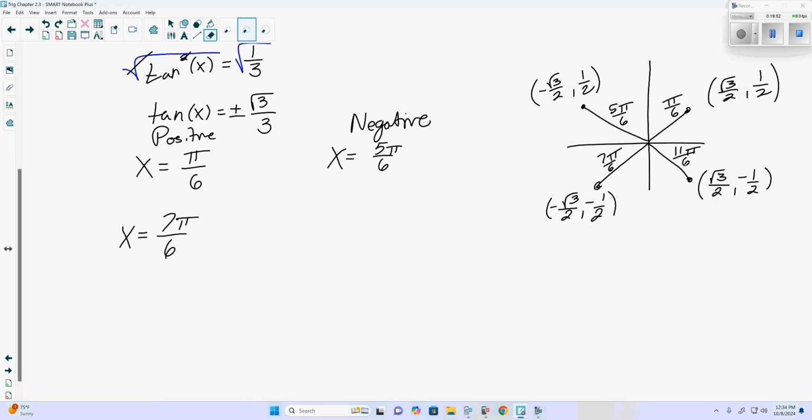Now, the range, or the period, for tangent is not 2 pi. The period for tangent is pi.